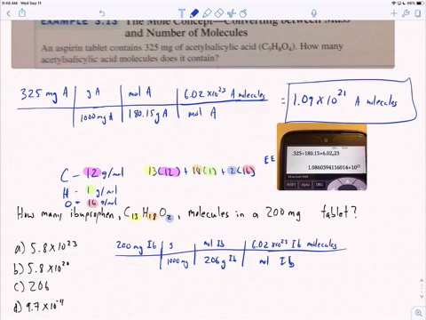Okay, so we're going to go 0.2, or 200 divided by 1,000, either one's fine. 0.2. And then divided by 206. Correct. 206. Yep. Times 6.02. Yeah, that's right.